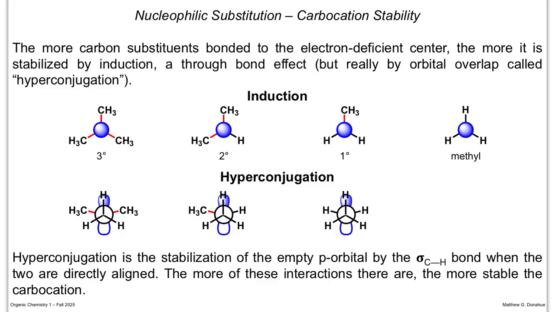If we get back to the regular tertiary, secondary, primary, methyl, how do we understand why tertiary is preferred? So in these structures, that blue ball is meant, we're looking right down on the axis of the p orbital.